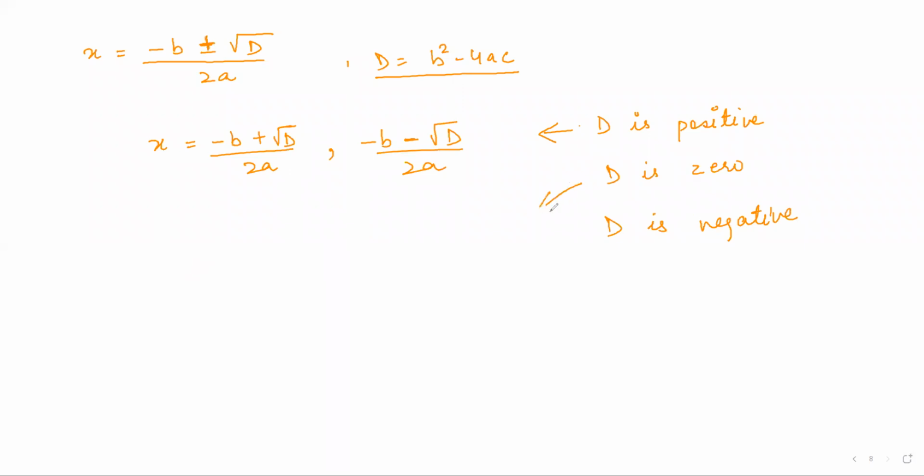Now, if D is 0, how will I write it? x is equal to minus b plus 0 divided by 2a, which becomes simply minus b by 2a. And the other I'll write as minus b minus 0 divided by 2a, which is also simply minus b by 2a.